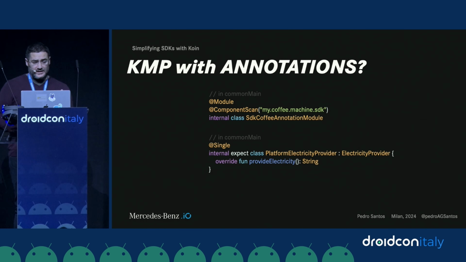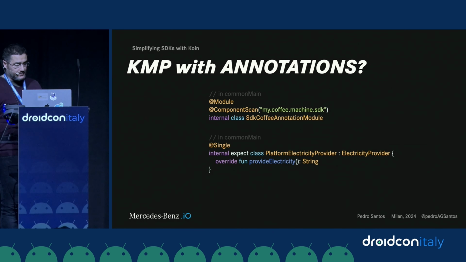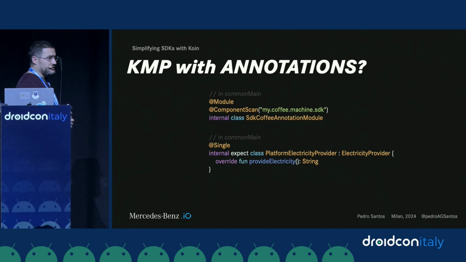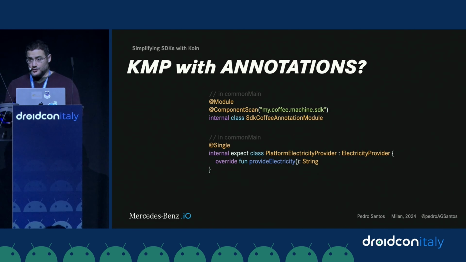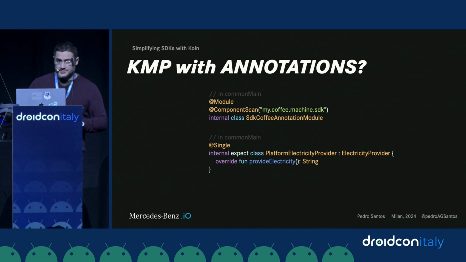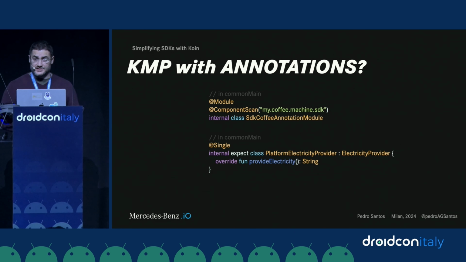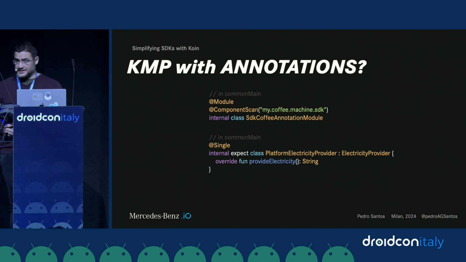So take that into mind. And then you have your single in there in common main. But is it as an expect? What this will do is that you're declaring a singleton for both platforms. So basically, the platform electricity provider will be a singleton, and you are telling that in one single place, which is in your common main.